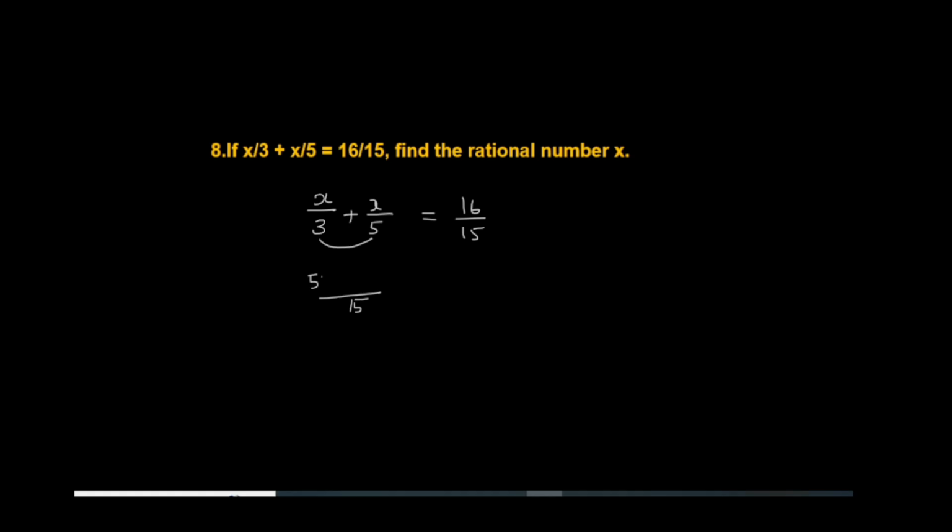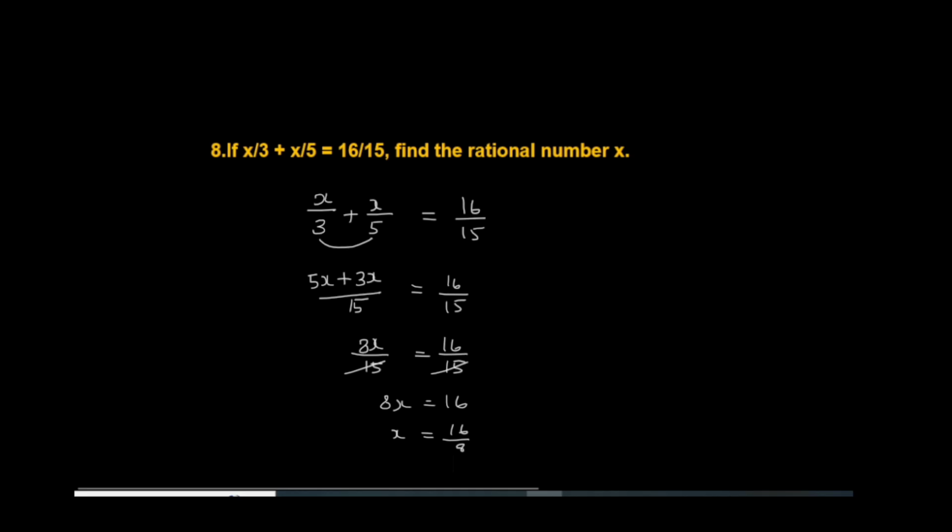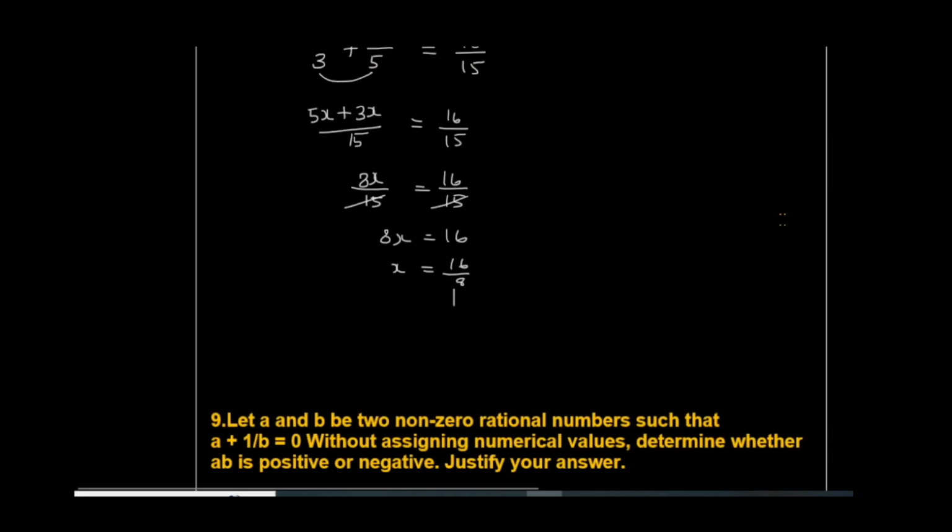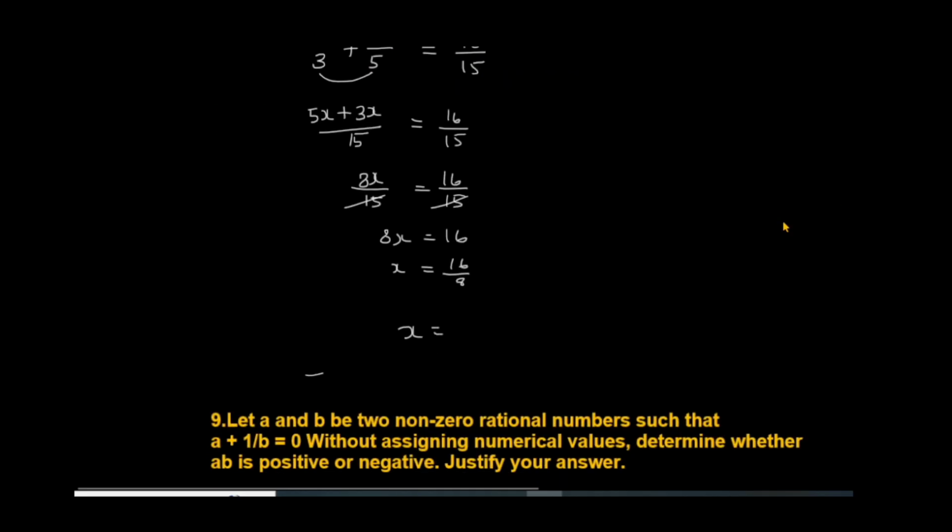So by cross multiplication we will be getting the numerator. 5x plus 3x is equal to 16 by 15, which is nothing but 8x by 15 is equal to 16 by 15. We can cancel 15 and 15. So 8x is equal to 16. x is nothing but 16 by 8. So our x is 2. x is equal to 2. The rational number here is nothing but 2.